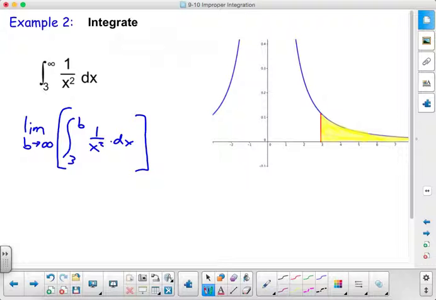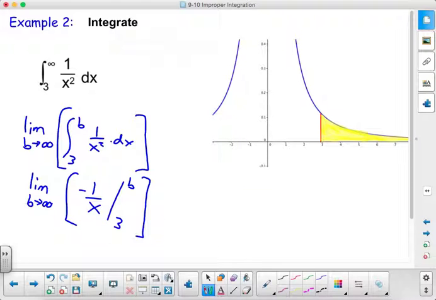So tell me again, what's the antiderivative of this? We just did it. Negative 1 over x, right? And I have to evaluate this at b and 3. After we do that, we're going to take the limit as b goes to infinity and find out what our answer is.